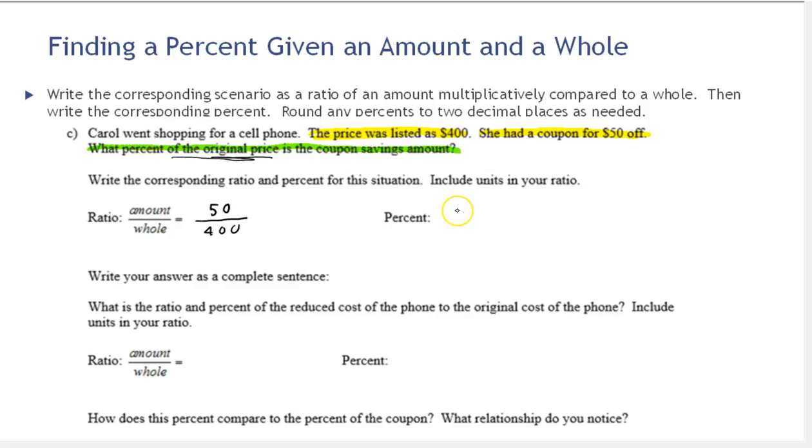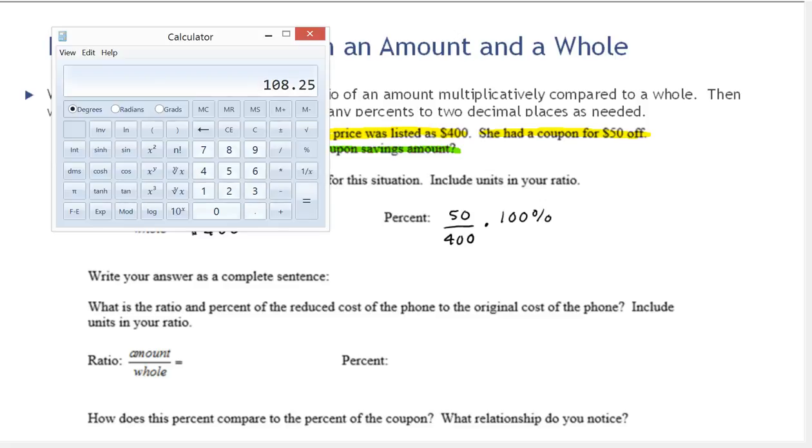So now to find this percent, we can multiply the ratio by 100%. These were also dollars to begin with. So I'm going to take 50, divide by 400, get the result, multiply by 100, and I have 12.5%.